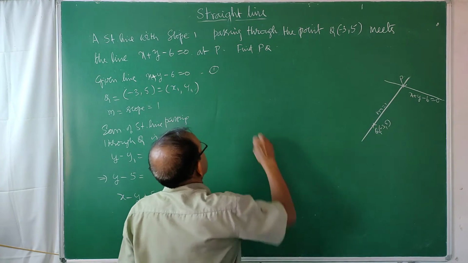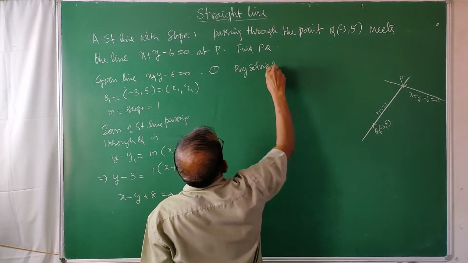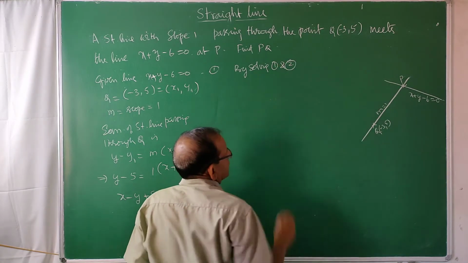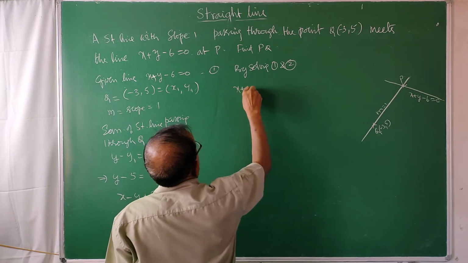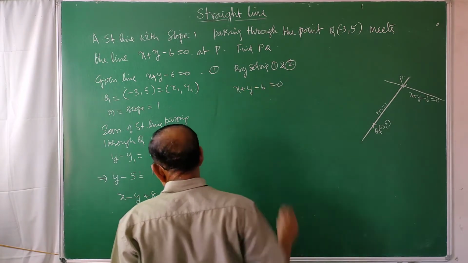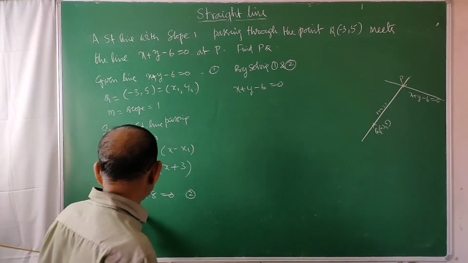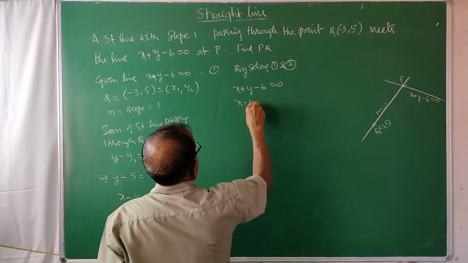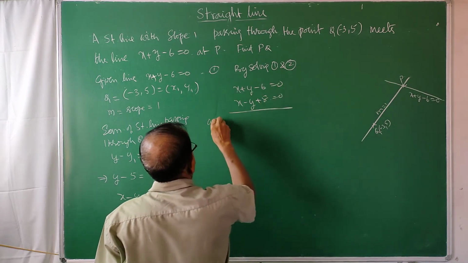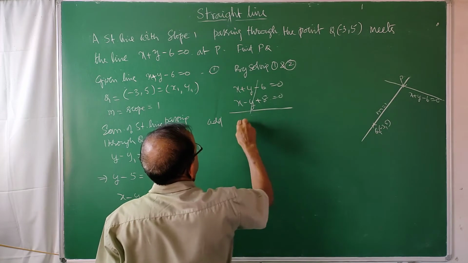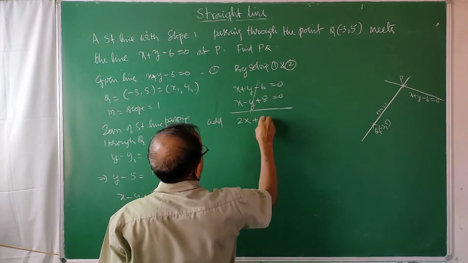By solving 1 and 2, by using cross multiplication method, x + y - 6 = 0, or else you can use the elimination method also. The other one is x - y + 8 = 0. Add these two, y is cancelled, 2x, 8 - 6, that is plus 2 equal to 0.